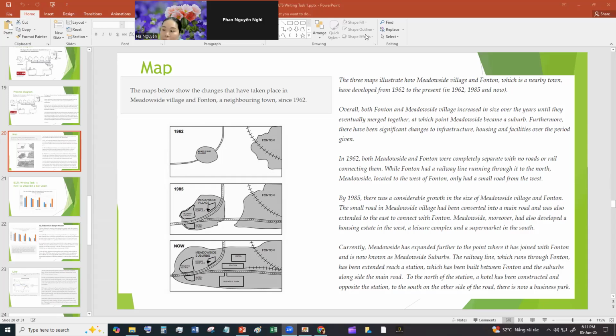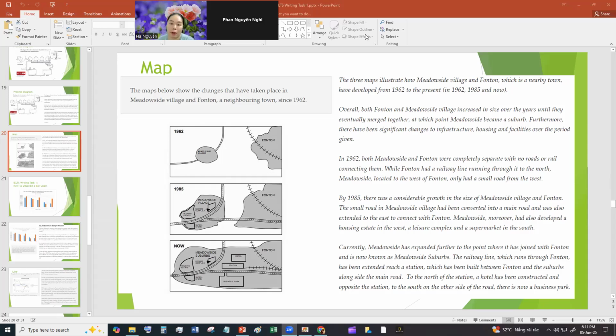Instead of neighboring town, it's nearby town. And instead of the changes, they say how they have developed, from 1962 to the present. And they even add the years in brackets. That is how the writer paraphrased the task question, and you can learn from that as well.